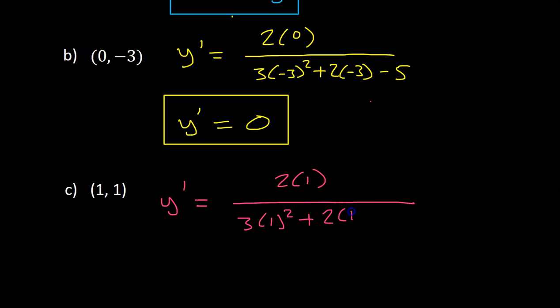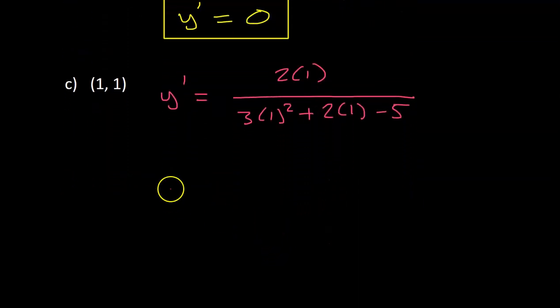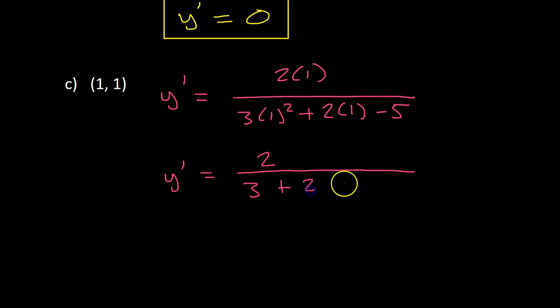So what happens here? I have y prime is equal to 2 in that numerator. 1 squared is just 1. 3 times 1 is 3 plus 2 minus 5.